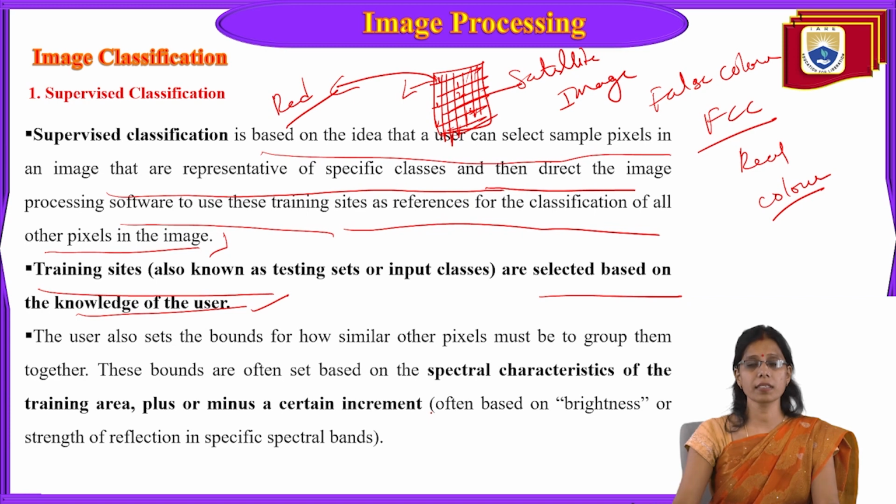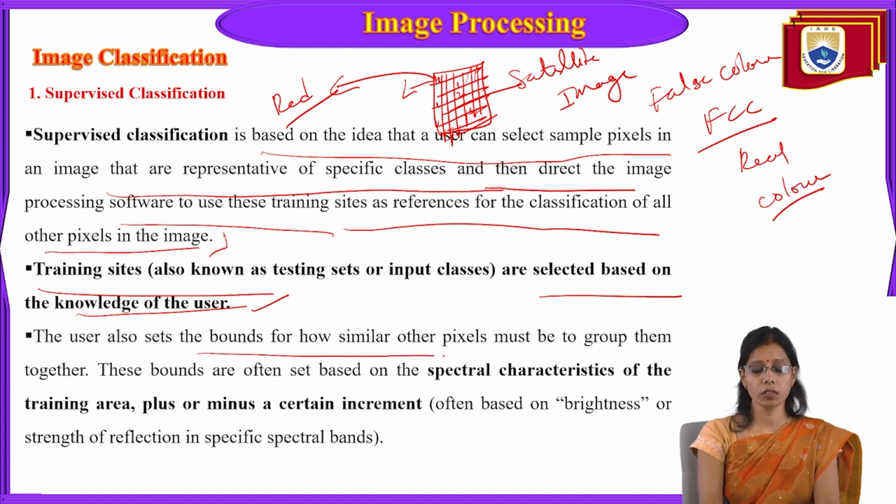Training pixels are selected and assigned the specified color. Whatever color is required is assigned, and that color is taken up by the same DN number pixels. Wherever we find 1, wherever you find 0, it may take another color. Wherever you assign 2 as green color, wherever 2 is in the pixel, it will take green color.